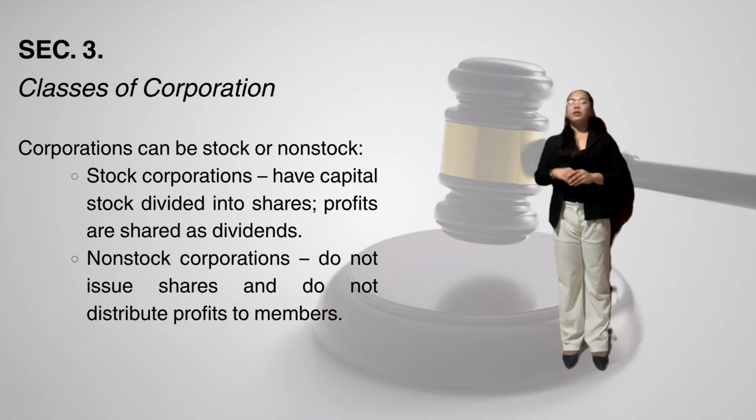The shareholders invest money in exchange for ownership shares, and they receive dividends when the company earns profits. It is also registered with the Securities and Exchange Commission and traded on the Philippine Stock Exchange.